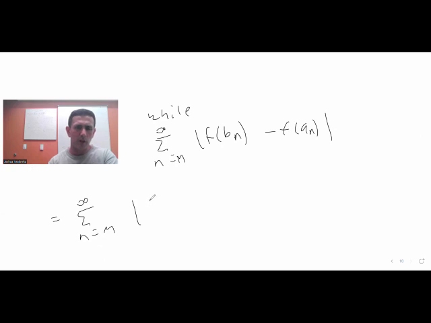So this is 1 over 2 pi n sine 2 pi n. Well, you better know what this is for any integer n. It's 0. And what is this?